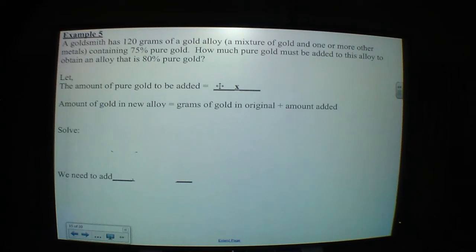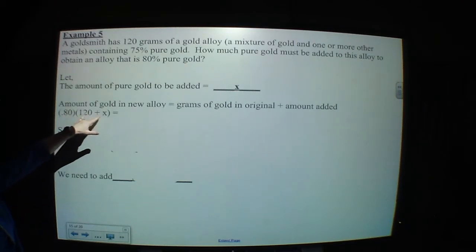But let's put it into an equation. And the amount of gold in the new alloy, I have 120 grams that I started with, and I'm adding X amount, and it's going to be an 80% mixture. So here's the quantity that I have, and it's going to be an 80% mixture.